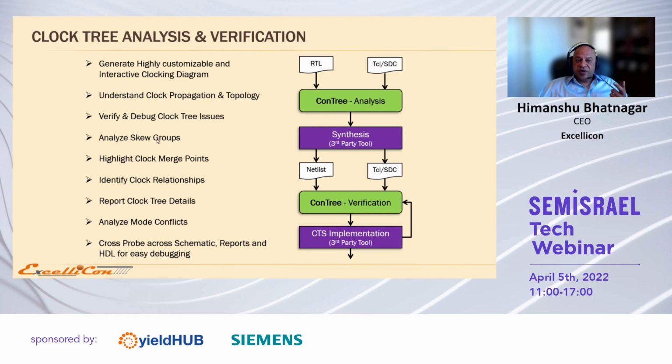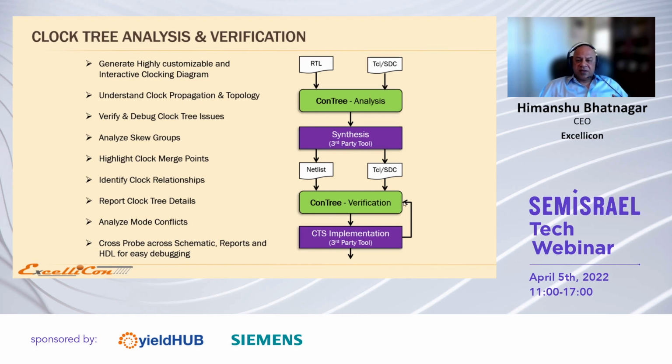You can even generate the skew groups, and see how the clocks are merging together. What is the case analysis driving these clocks? Are they blocking or not? What is the relationship? Are they synchronous or asynchronous to each other? So all these kinds of things, you can do full analysis.